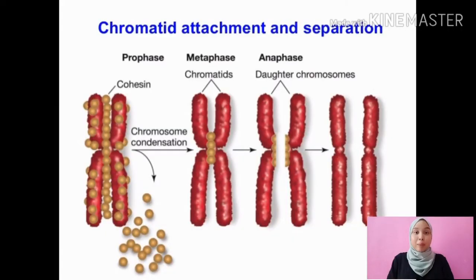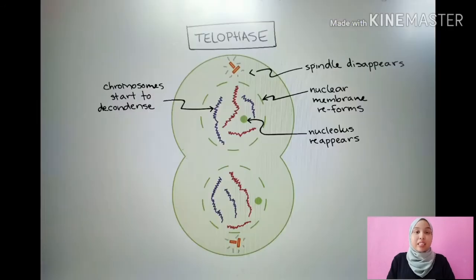What you need to remember in telophase is that each chromosome that arrives at the pole, we now call a daughter chromosome. Each pole will have one complete and identical set of chromosomes. Next, a new nuclear membrane will form again around each set of chromosomes.